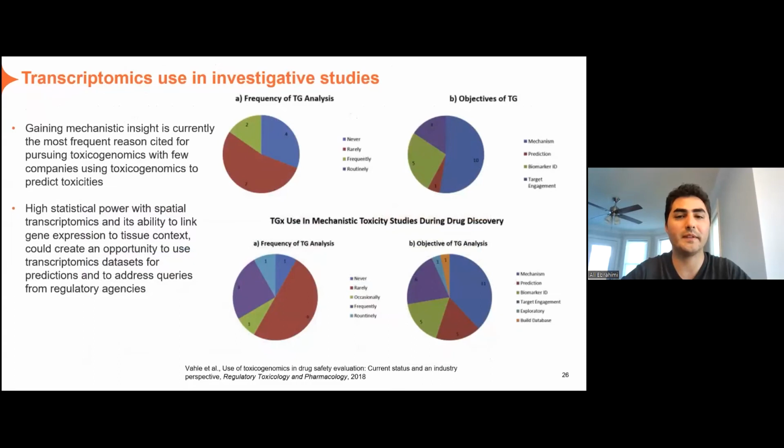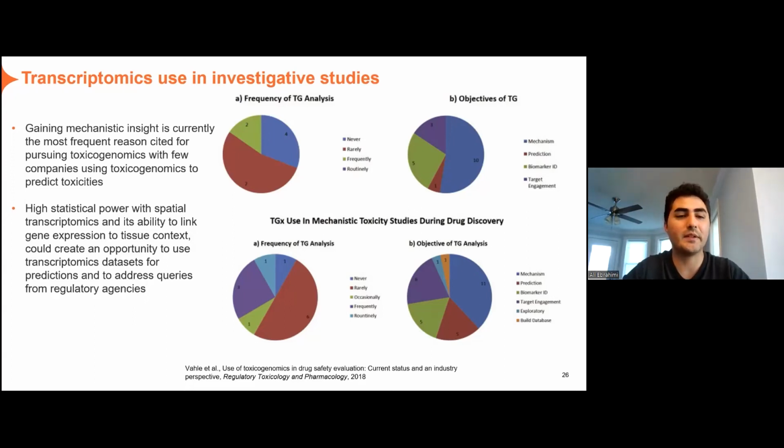And that's going to be essential when we look at survey data that shows where the transcriptomics data are being used within investigative safety and for toxicity studies. Currently, most of the data that are being produced are being used in understanding the mechanism of toxicity, and one of the interesting factors was that there are a lot of data produced within pharma companies that are not really even analyzed.